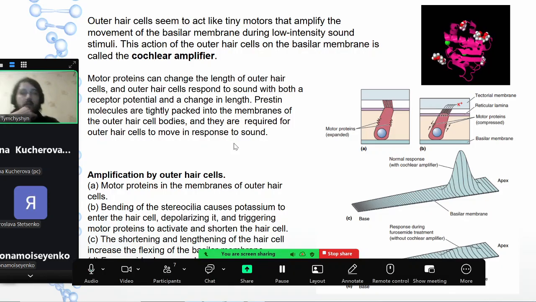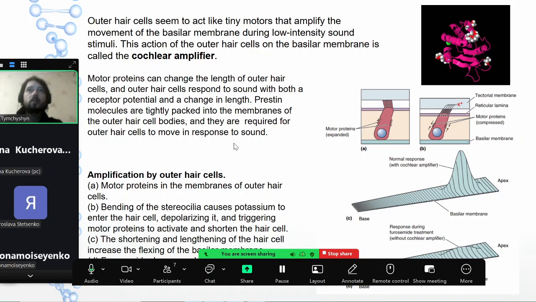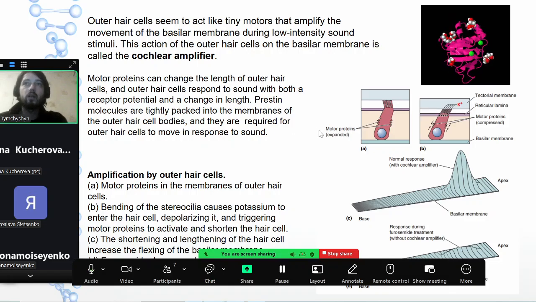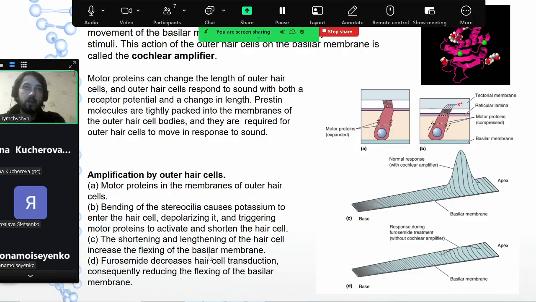Okay, so that was inner hair cells, but we also have outer hair cells. Outer hair cells act like tiny motors that amplify the movement of the basilar membrane during low intensity sound stimuli. This action of the outer hair cells on the basilar membrane is called the cochlear amplifier.